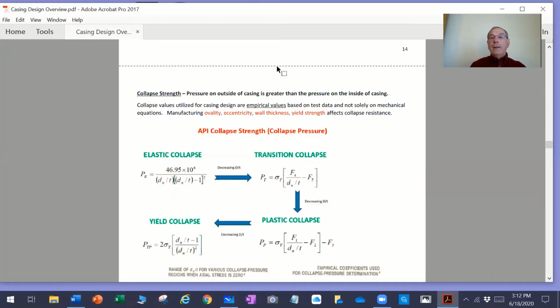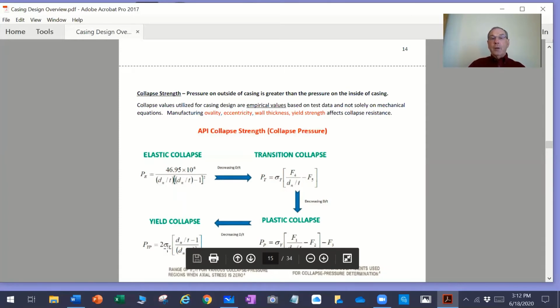So they're based on test data and not solely on mechanical equations. We can derive the two end-member equations for elastic collapse and for yield collapse, but the other two equations, for transition collapse or plastic collapse, we cannot derive.